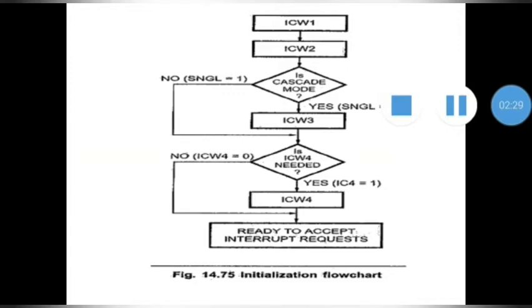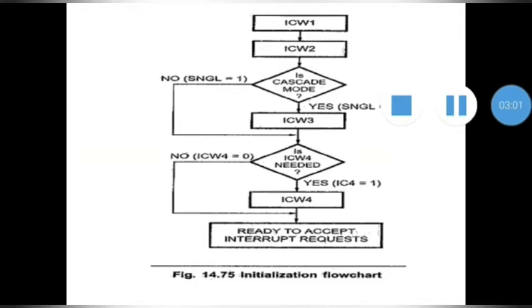Now, cascading means that one 8259 chip will be connected with a number of other 8259 chips. There are interrupt request pins from IR0 to IR7, so all these pins will be connected with the next 8259 chip in case of cascading mode.